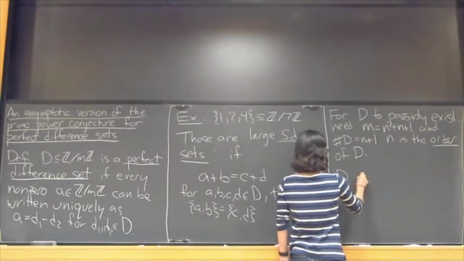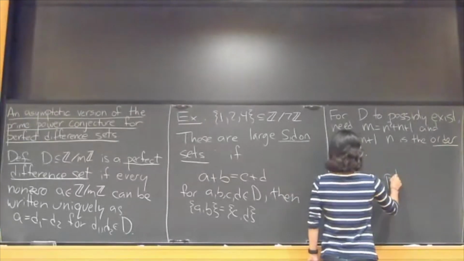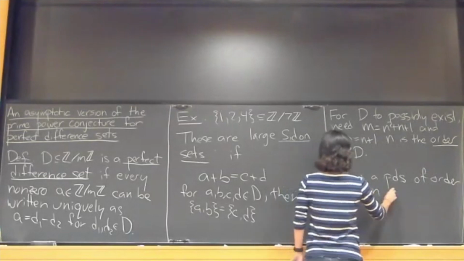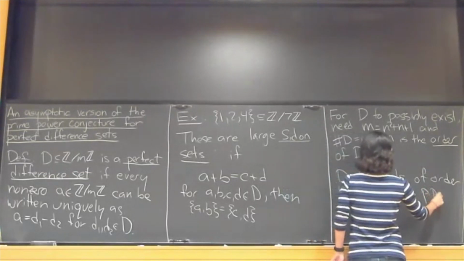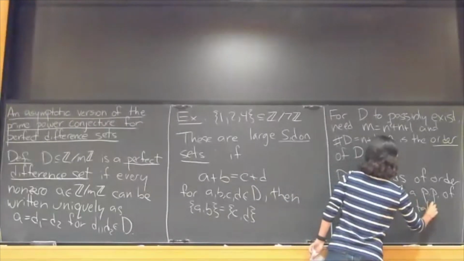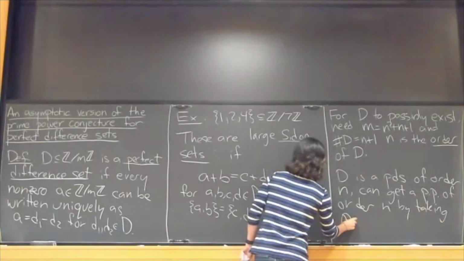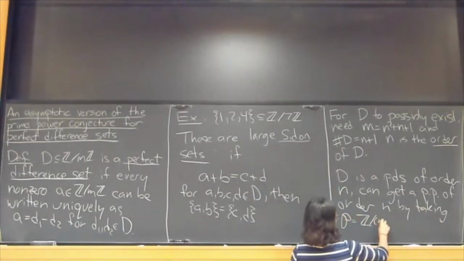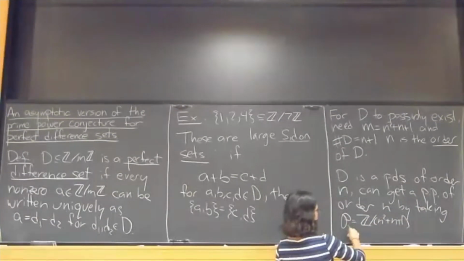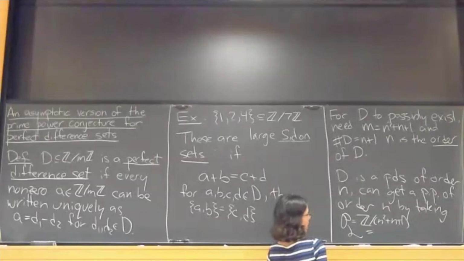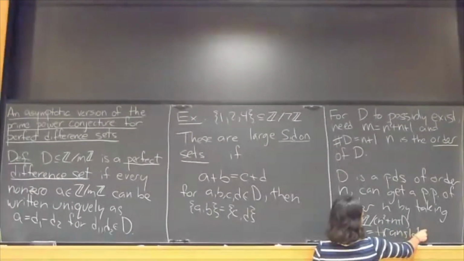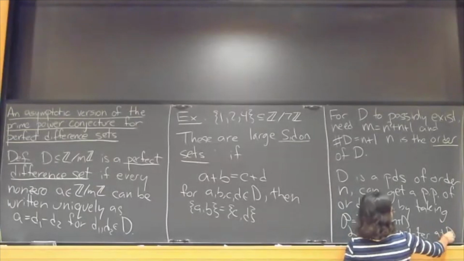So if D is a perfect difference set of order n, we can get a projective plane of order n by taking the set of points to be the integers mod n squared plus n plus 1, and the set of lines to be the set of translates a plus D of D.